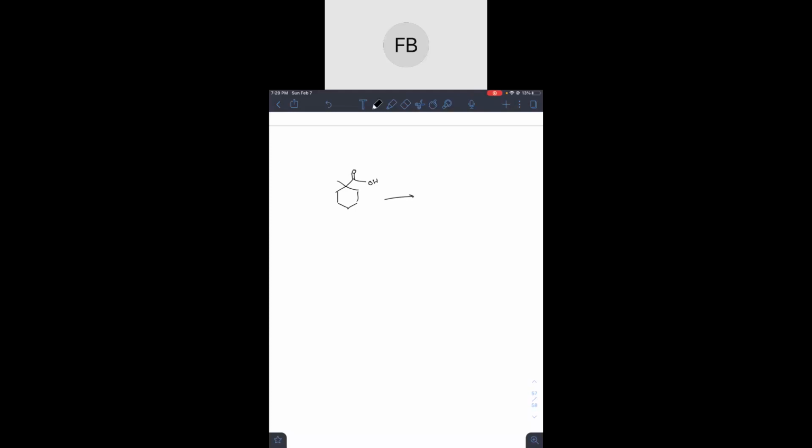So excess CH3. Okay, so let's just look at this for a second. It's kind of wordy, so let's redraw it for sanity's sake into something much more sane.